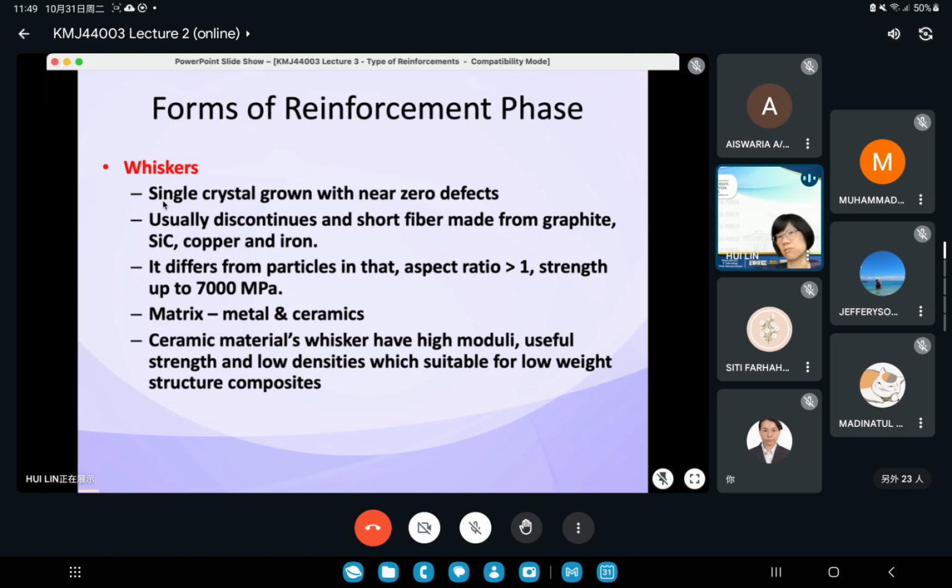It is a single crystal, very expensive, and we seldom use it now, unless it is for a high-end, high quality product or advanced application.